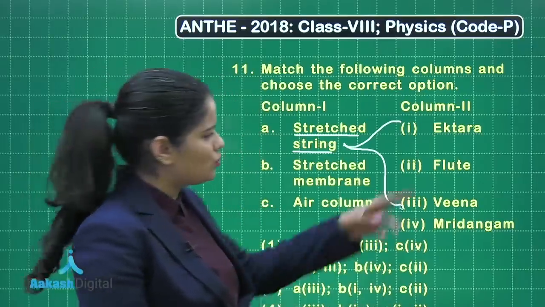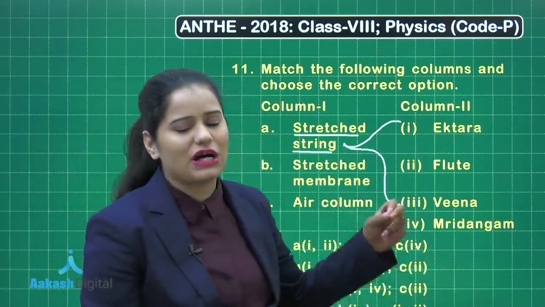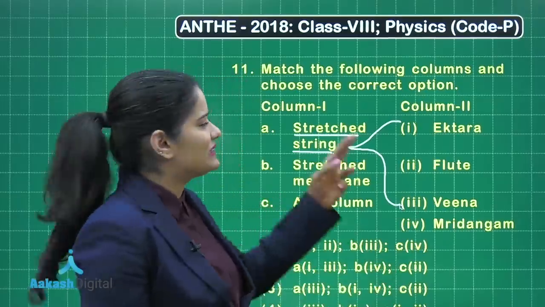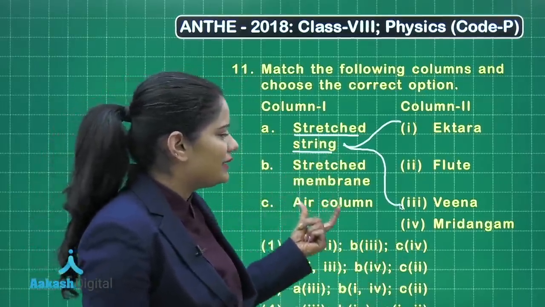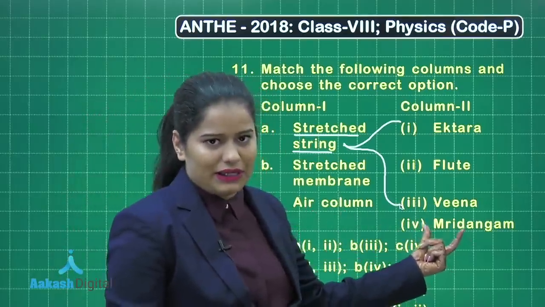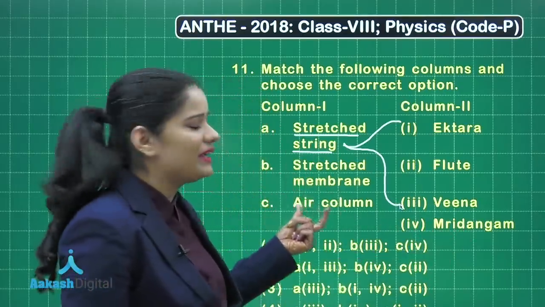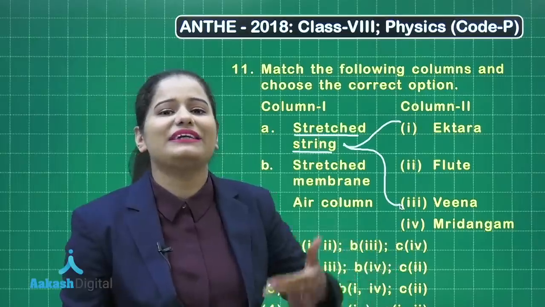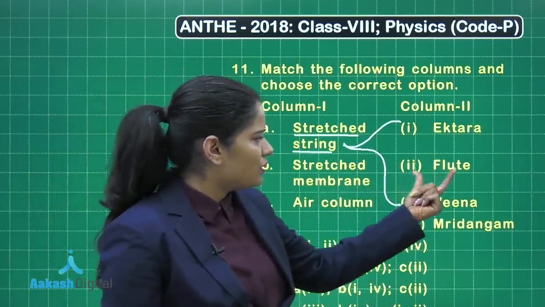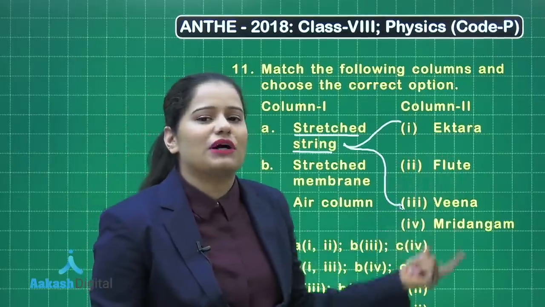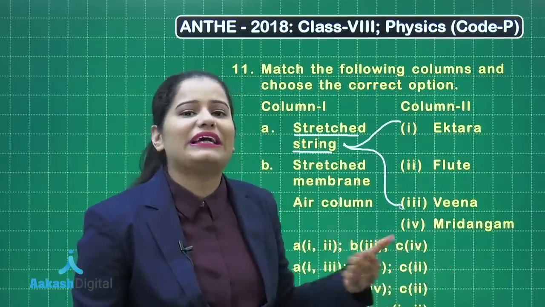So in these 2 instruments out of these 4, the sound will be produced by the stretched string. If we talk about the stretched membrane, then Mridangam is the instrument in which the sound is produced by the stretched membrane. While if we talk about the flute, we know the sound is produced by the vibrating air column.